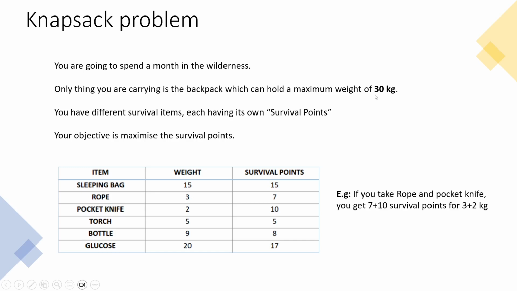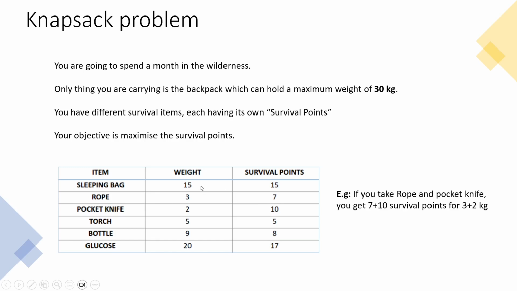You cannot carry more than 30 kilograms. Each item has a survival point, and if the survival point is higher, that means it might be more useful to you. And the knapsack problem is an optimization problem to understand which items are best to take with you.